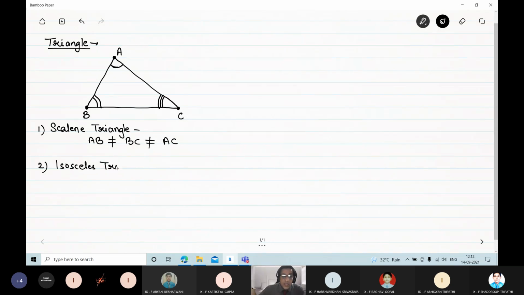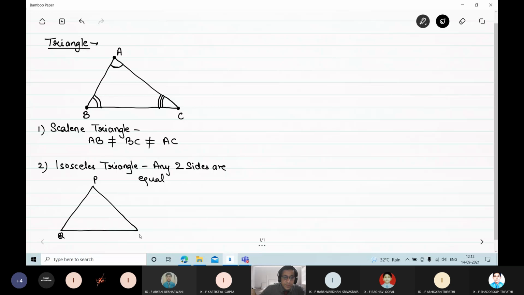In an isosceles triangle, any 2 sides are equal. Let's say this is a triangle PQR, and QR is equal to PR.